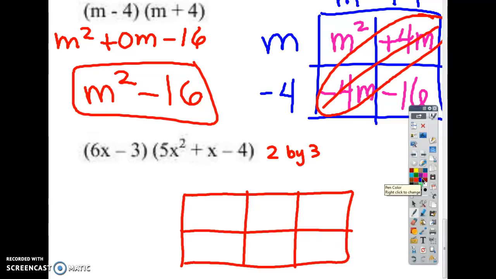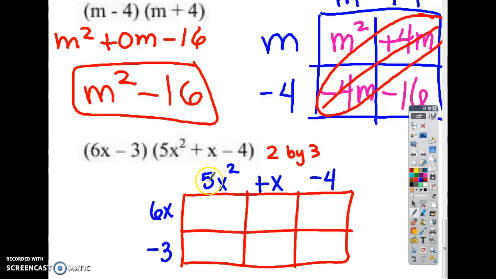Okay? And we have 6x minus 3 times 5x squared plus x minus 4. Start multiplying. 6 times 5, 30. How many x's do these have? 3, so it's x cubed.